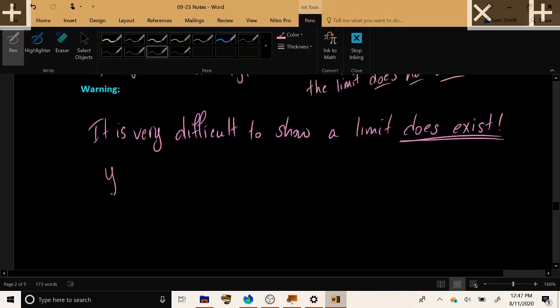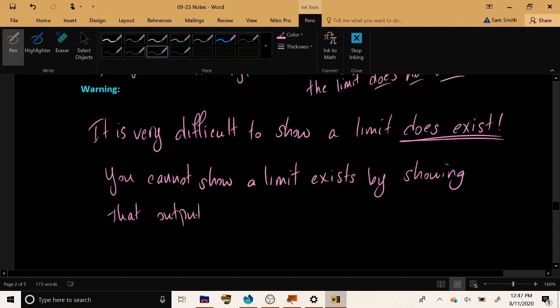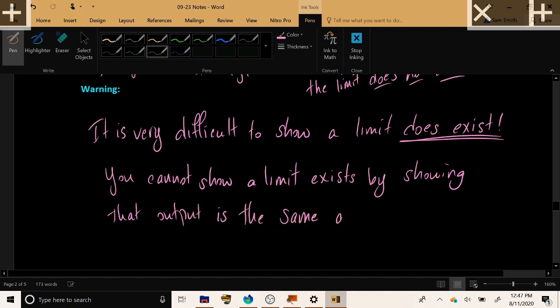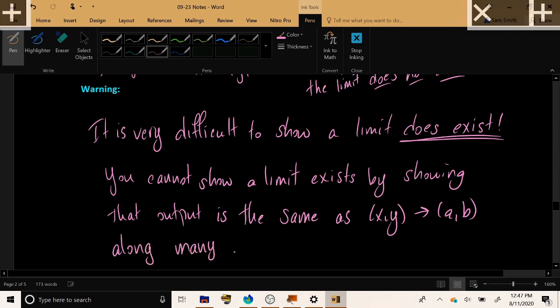You cannot show a limit exists by showing that the output is the same as xy approaches AB along many paths.